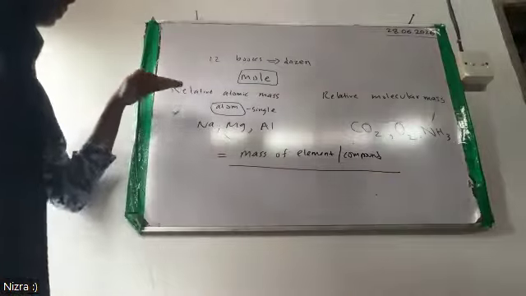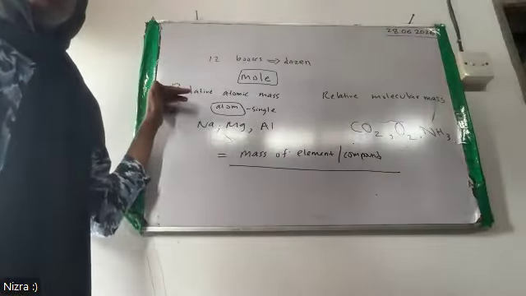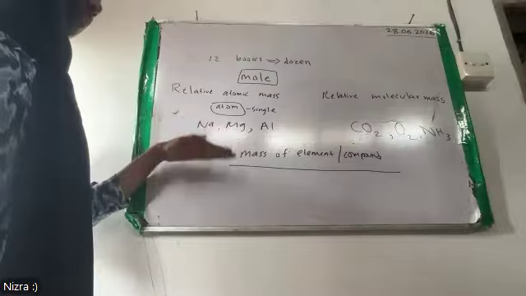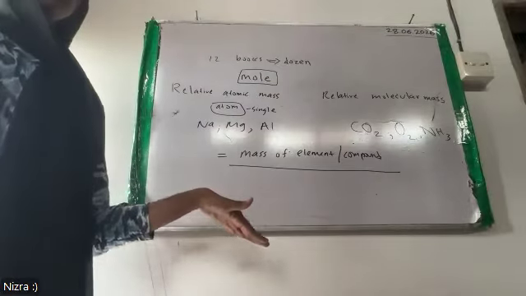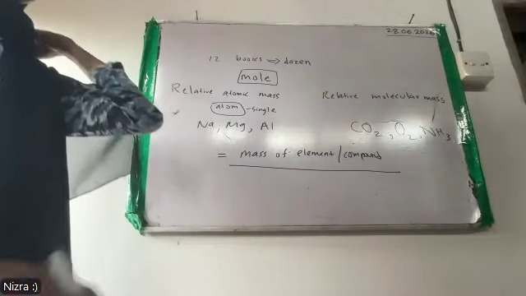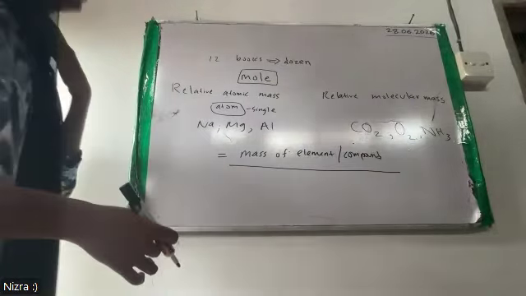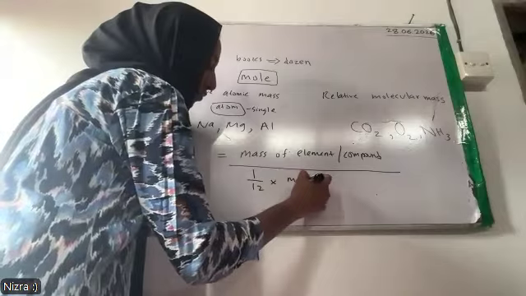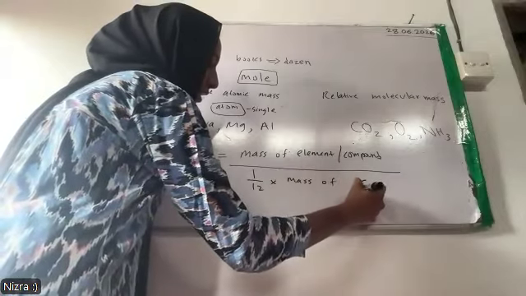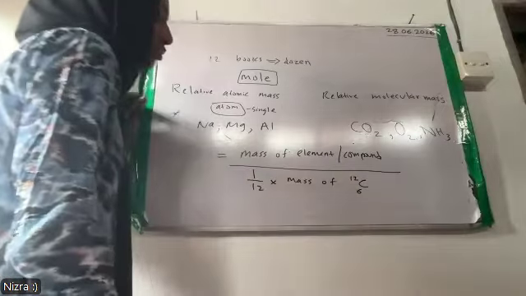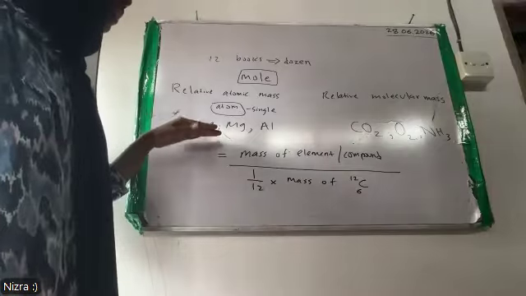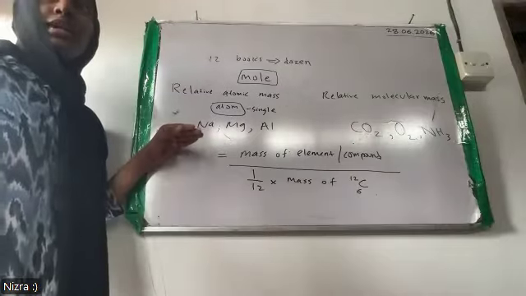Whenever you get the name relative, we are always seeing the mass of an element or compound relative to a standard. So the chemistry people have taken the standard as 1/12 the mass of carbon. So relative to this, you are seeing how much is the mass of the element.